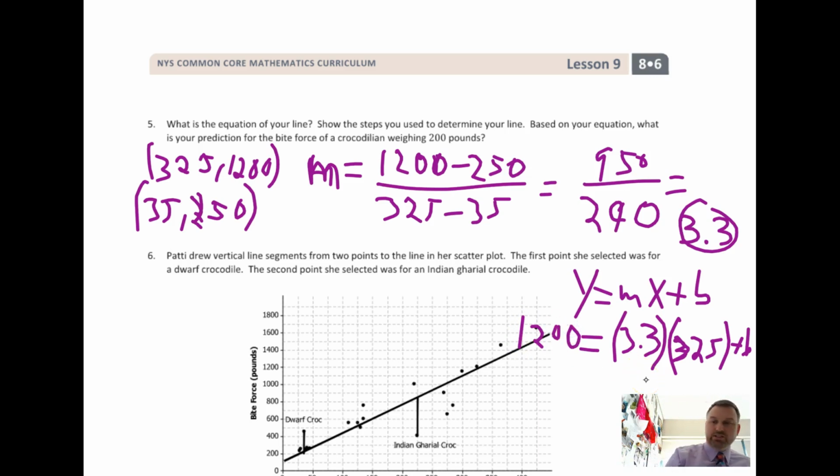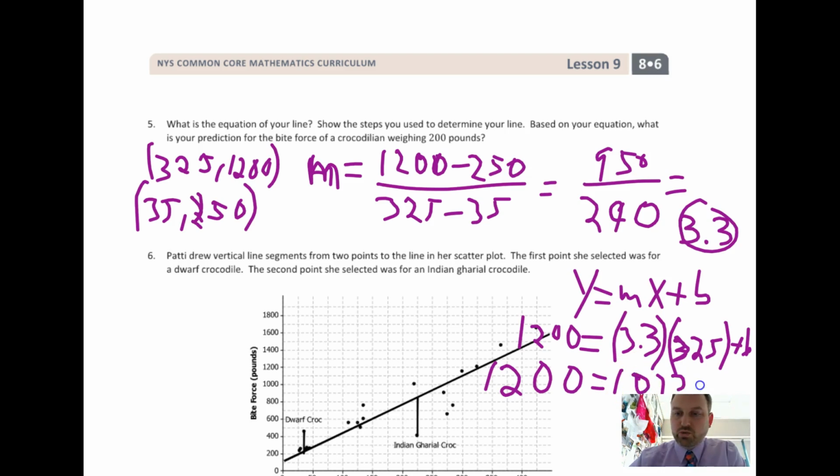So we need to solve for b. 3.3 times 325 is 1072.